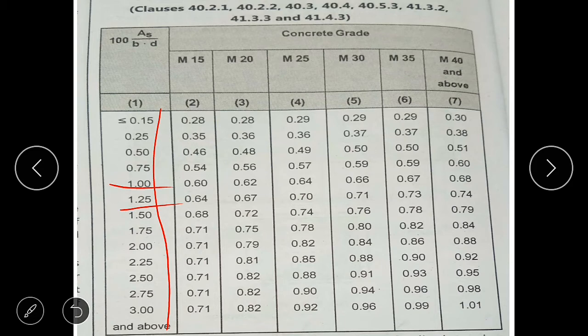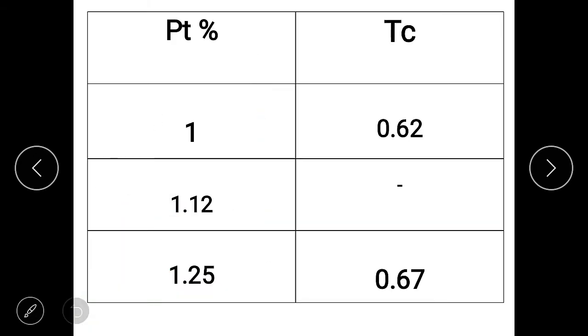Between these, our value 1.12 lies. For the grade of concrete M20, for pt 1 the value is 0.62 and for 1.25 the value is 0.67. So for pt percentage 1, tau c is 0.62 and for pt percentage 1.25, the value is 0.67, but we don't know the value for 1.12.